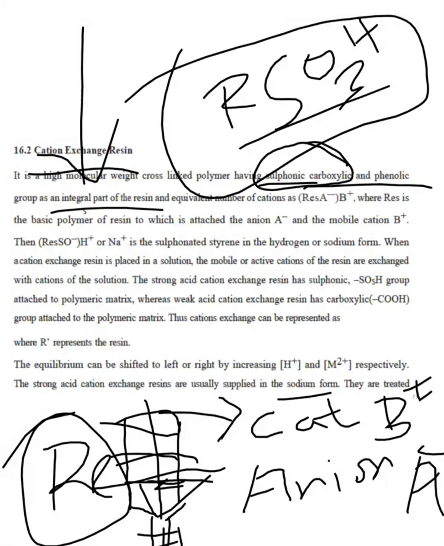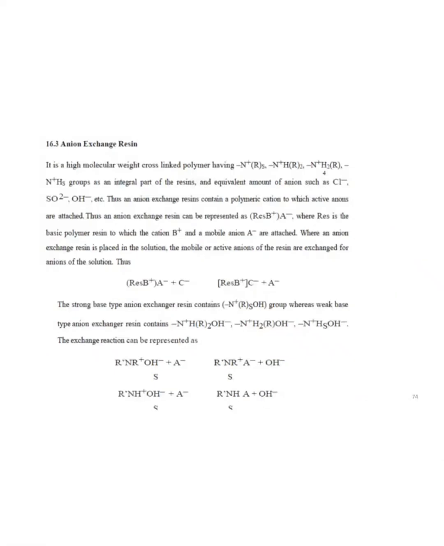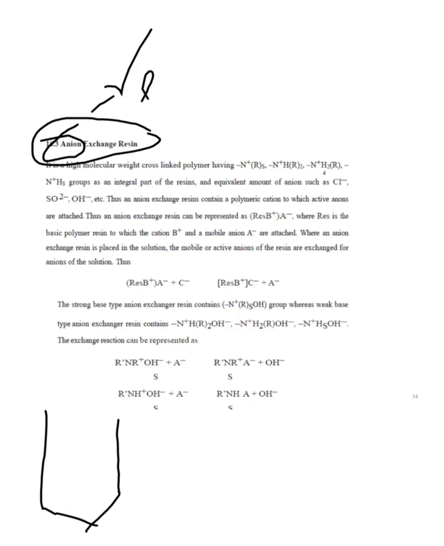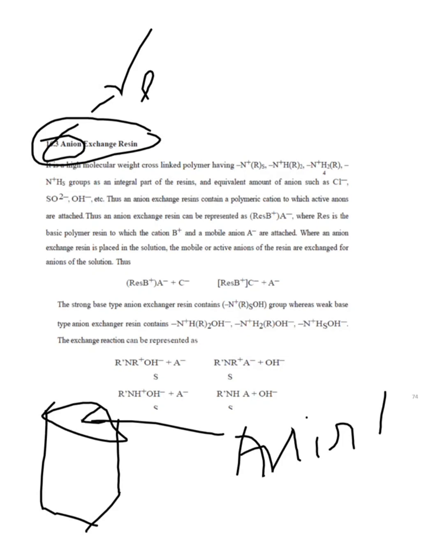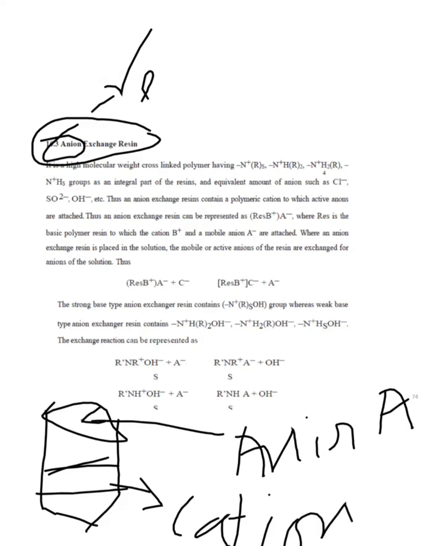So next is anion exchange resin. Here the anion is nothing but the negative charge ion, where in the mobile phase we are going to use anions for separation, denoted by A minus, and in the stationary phase cations will be there, denoted by B plus.